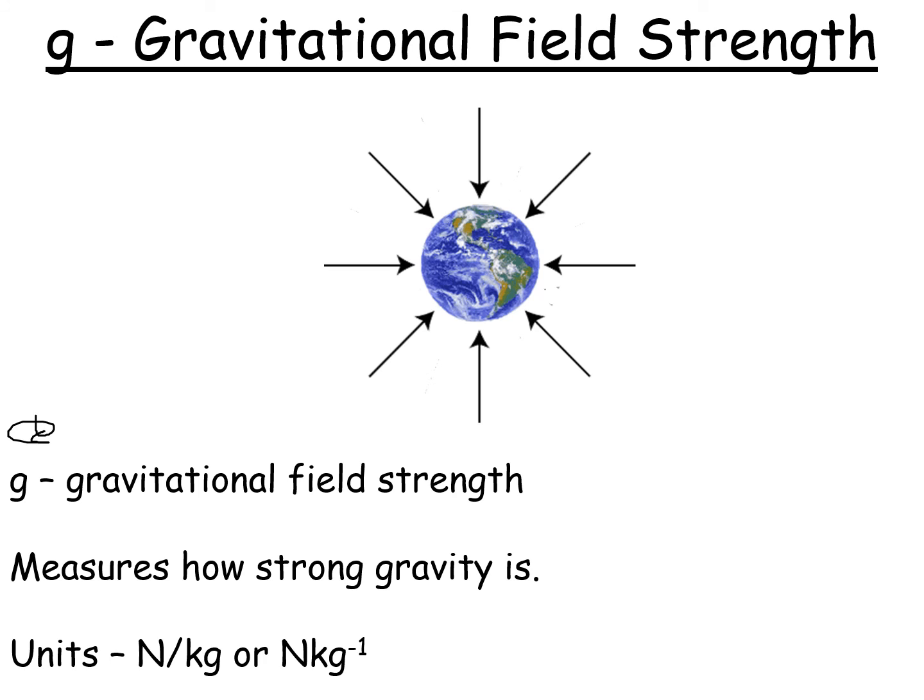So the bigger the value of G, the stronger it is. So for example, G on Jupiter is 24 newtons per kilogram, whereas G on Earth is 9.8 newtons per kilogram. So G is stronger on Jupiter, which makes sense because Jupiter is a much, much bigger planet than Earth, which you kind of remember from that video I showed you about the different size of objects in space.